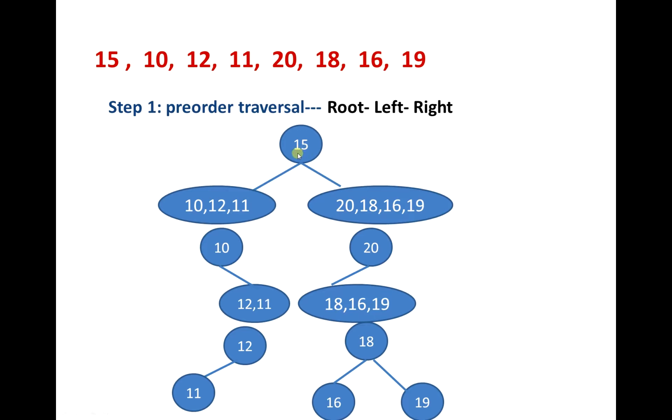Then the numbers that are lesser than the root go to the left subtree, and the numbers that are greater than the root go to the right subtree. 10, 12, 11 move to the left, 20, 18, 16, 19 move to the right.